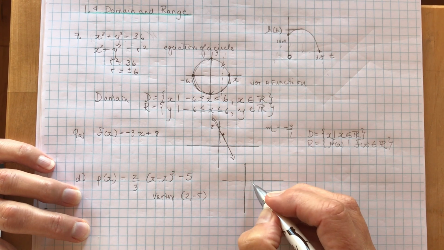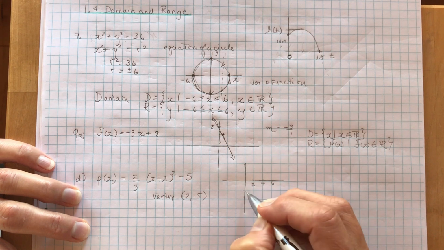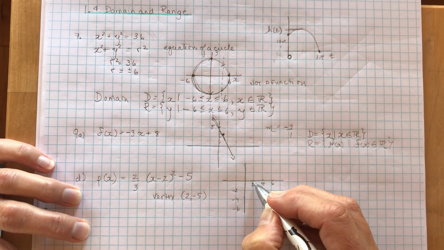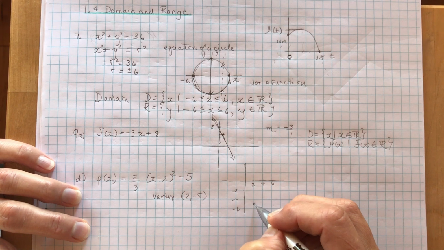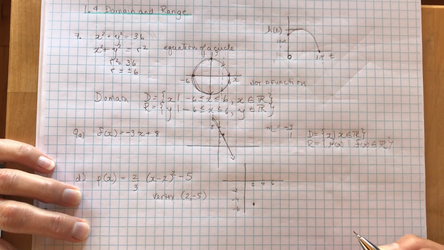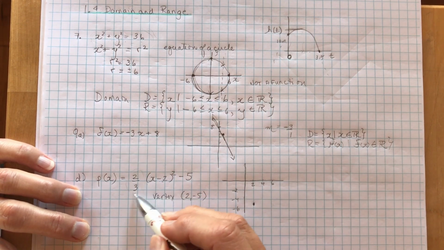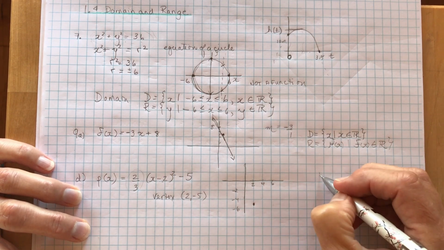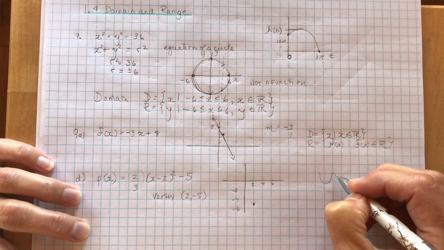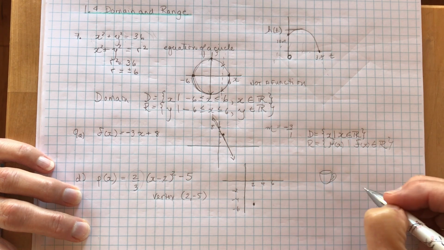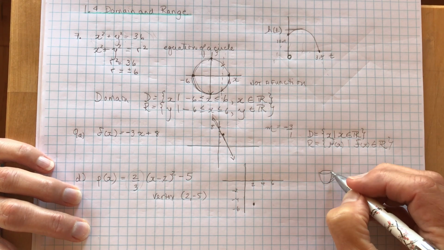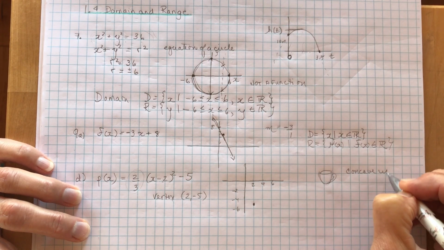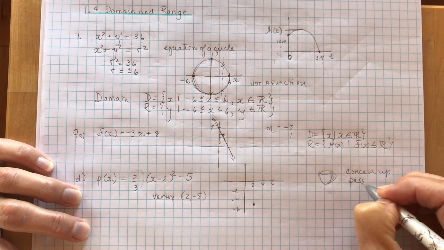2, 4, so this will be 2, 4, 6, -2, -4, -6. So 2 and -5 would put it right here. 2/3, it's positive, so that means concave up, like this, pass the cup, right? There you go, concave up, pass the cup. That's a good thing to remember.